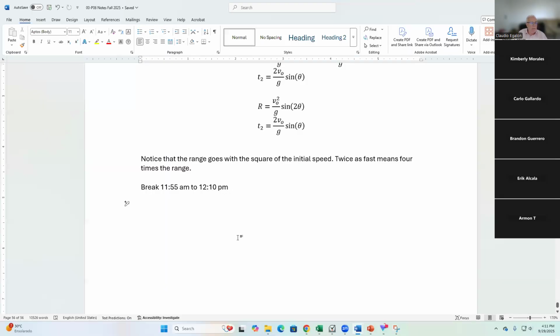I'm back here. Okay, so there are many other examples that we can come up with of this type of motion, with projectile motion.